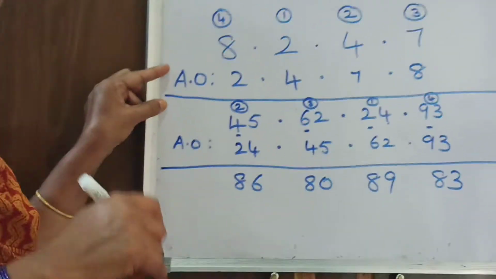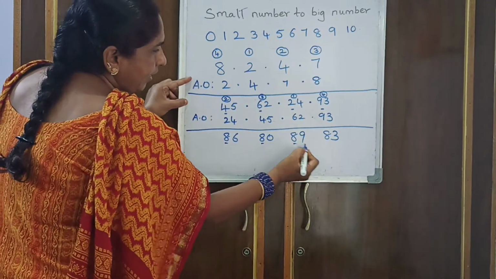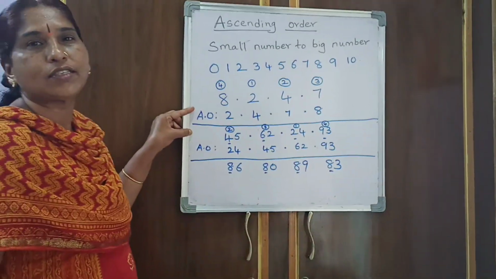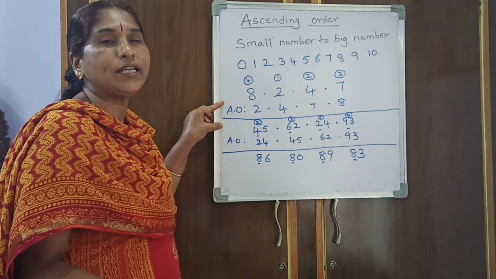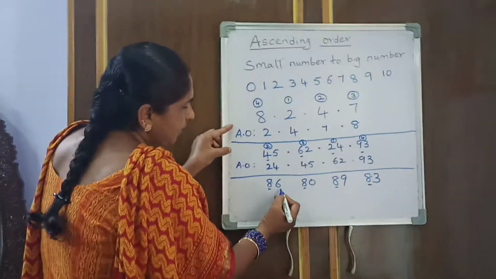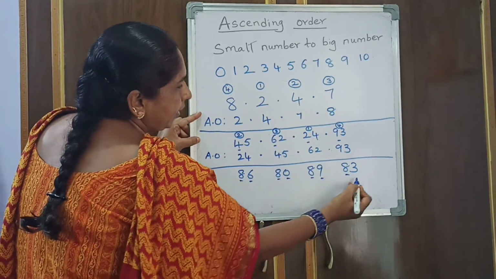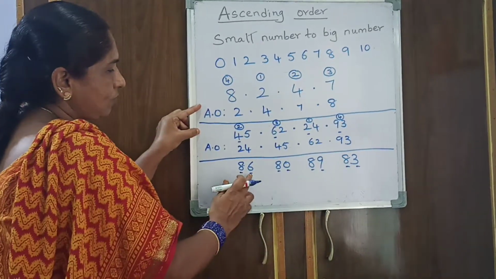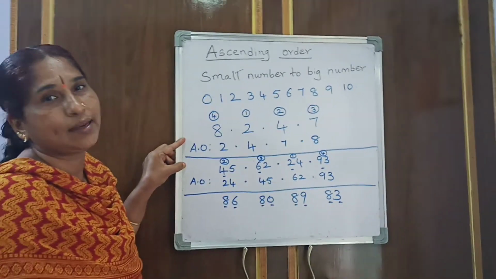But for those who get confusion, first underline 8, 8, 8, 8. All the first numbers are the same. When the first numbers are the same, you have to see the second number. See here, the second numbers are 6, 0, 9, 3. You have to see the smallest number.